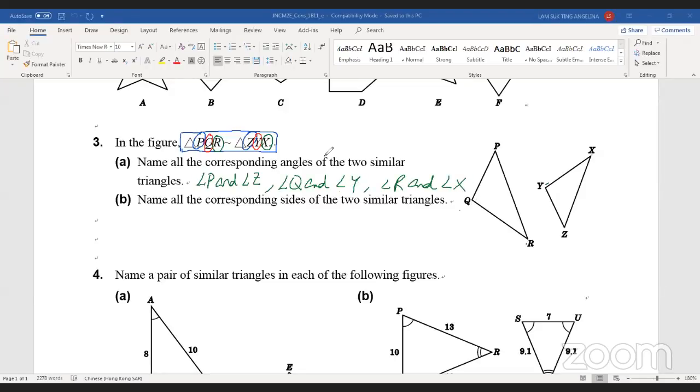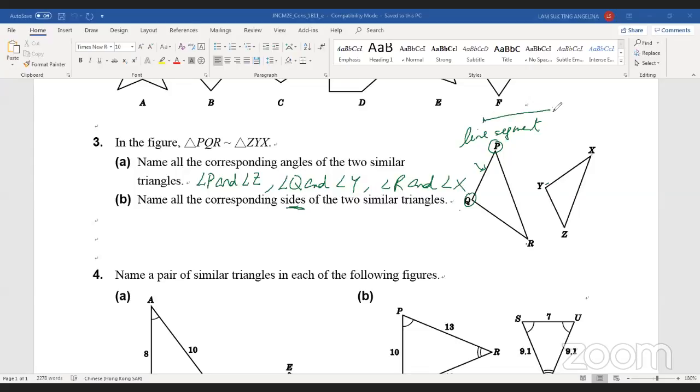And then name all the corresponding sides. You can also do this by looking at the names of the triangles given. A side is a line segment, and therefore we need two points to talk about a line segment.